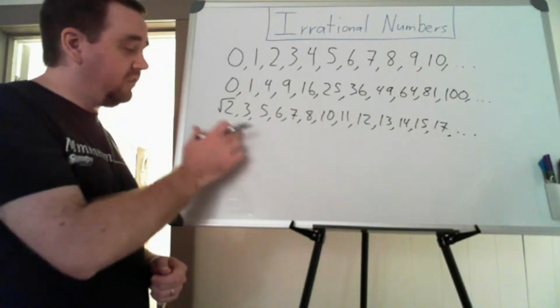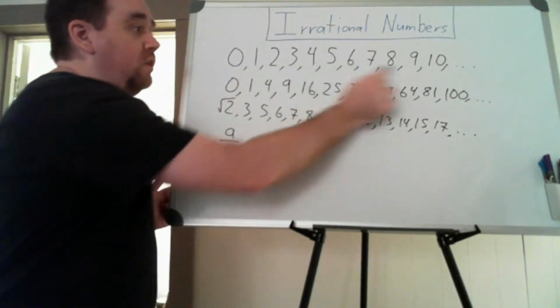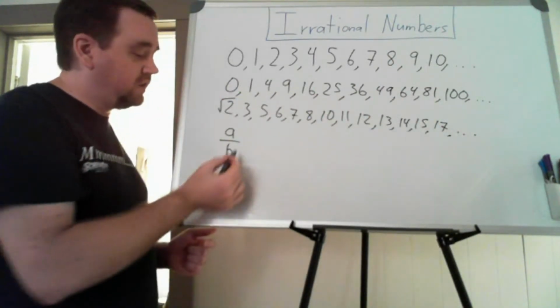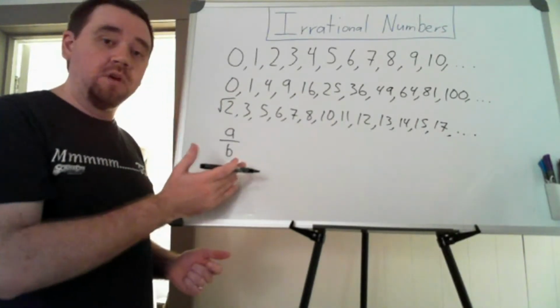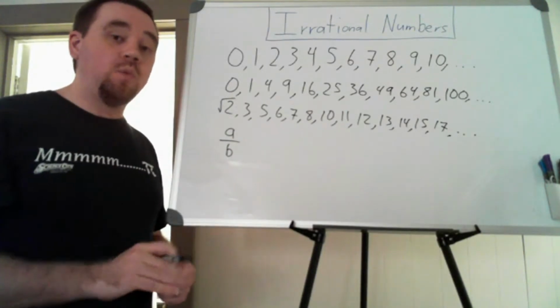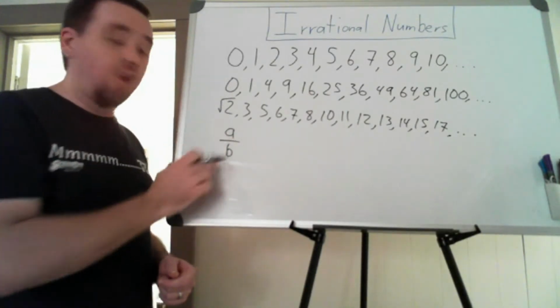Additionally, I know this cannot be a whole number, because we've already found all the whole numbers as square roots by just square rooting the perfect squares. So therefore, b can't be equal to 1, because if it were, this would be a whole number. So we place another restriction on b. And finally, just like with our proof for the square root of 2 being irrational, we're going to assume that this is already fully reduced.